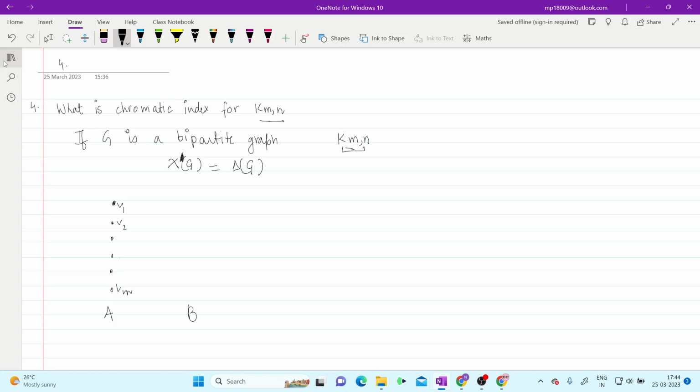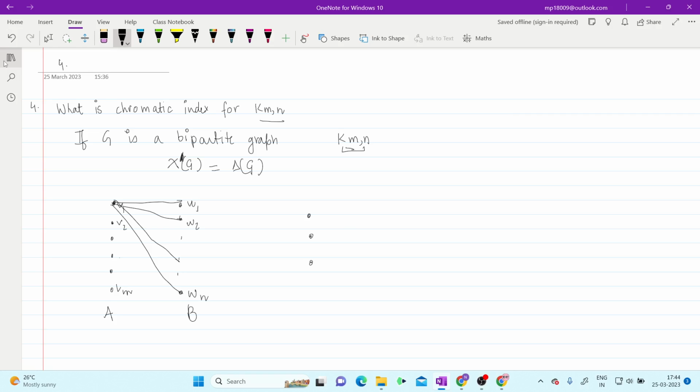Set B has n vertices, w1, w2, ..., wn. And all the vertices of A have an edge with the vertices of B, and all the vertices of B have an edge with all the vertices of A.